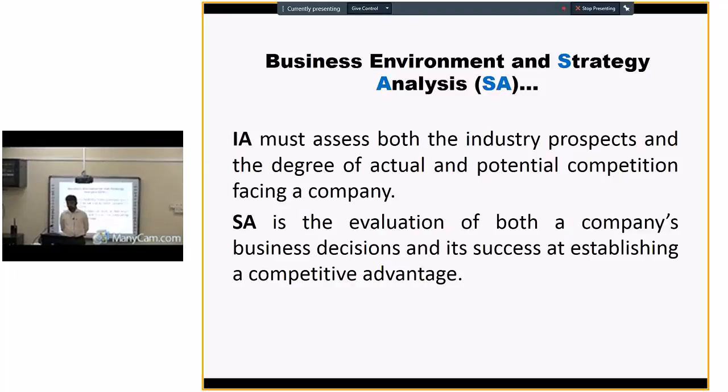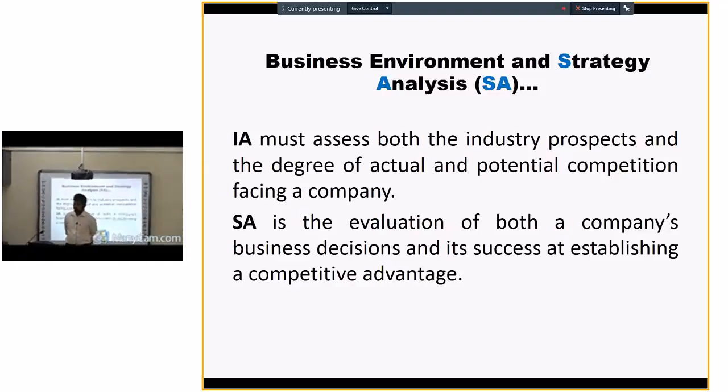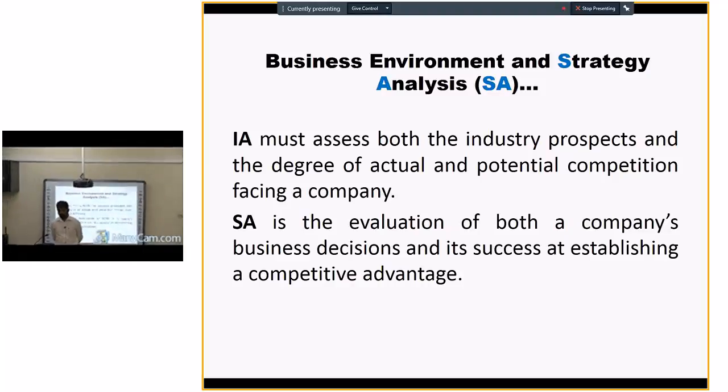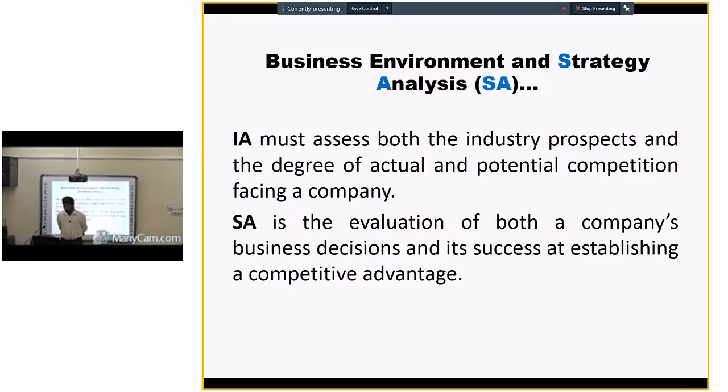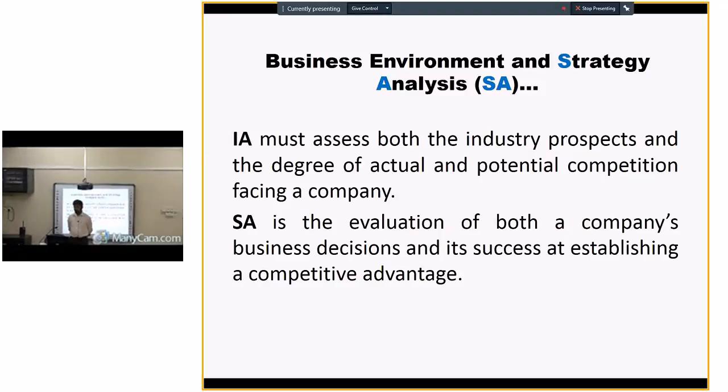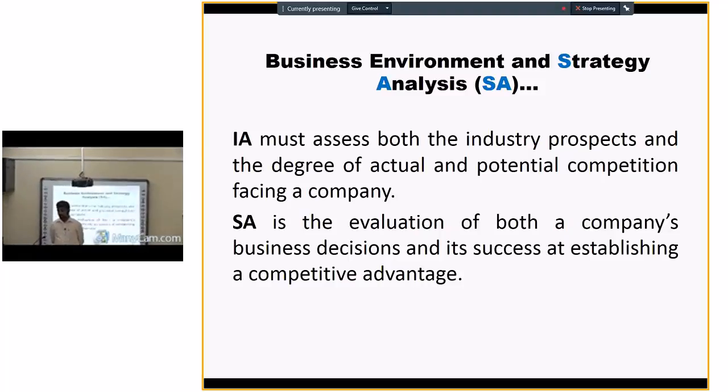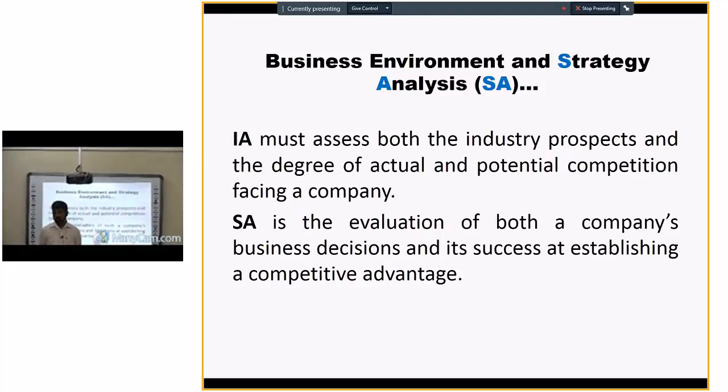Again, industry analysis must assess both the industry prospects and the degree of actual and potential competition facing a business. That is under industry analysis. Then strategy analysis is the evaluation of both the company's business decisions and its success at establishing competitive advantages.